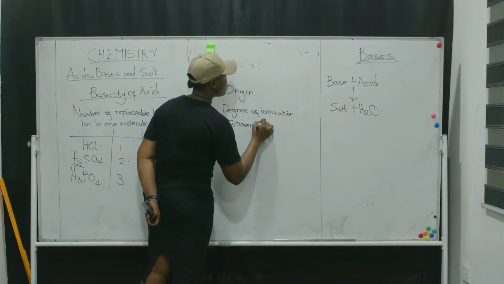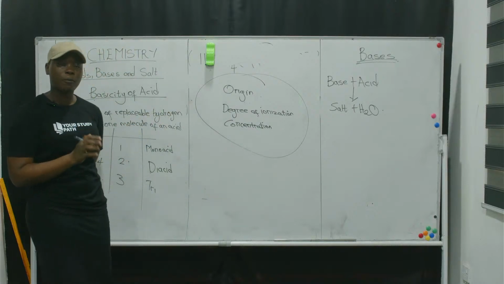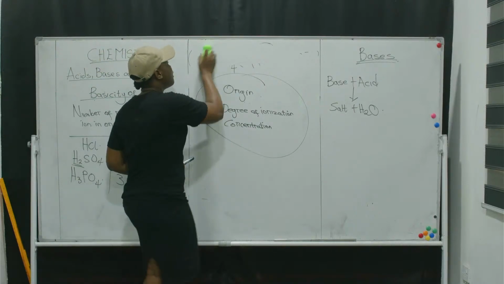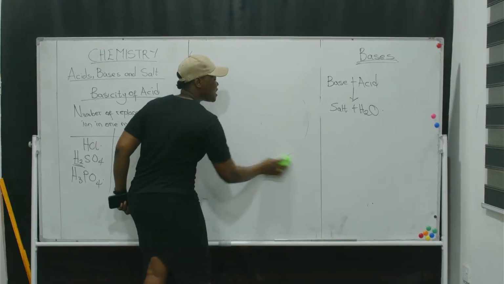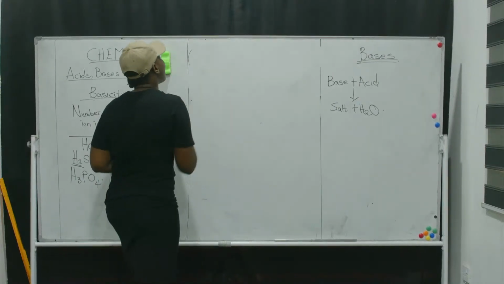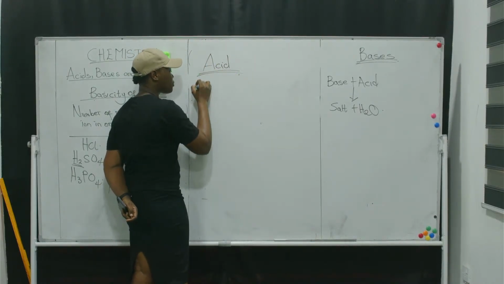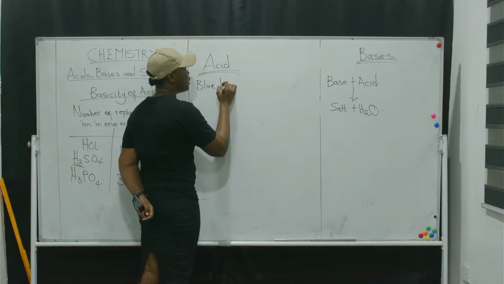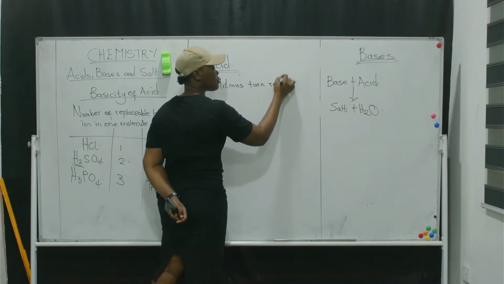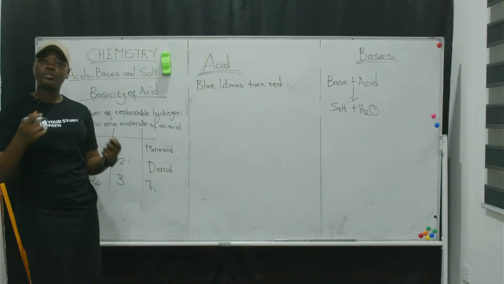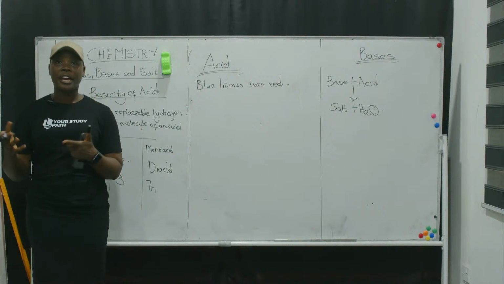So base can also be broken down into these categories. And if you are asked what's the difference between acid and base: for acid, I made mention that it turns blue litmus red. That means in an acidic medium, litmus will have a red color.